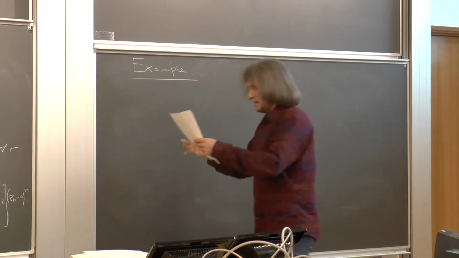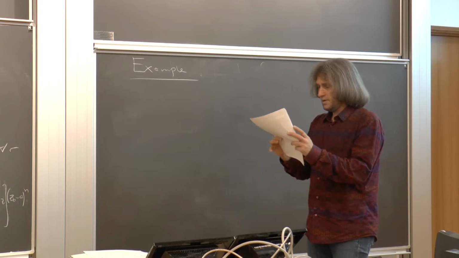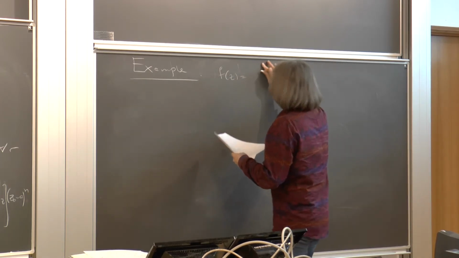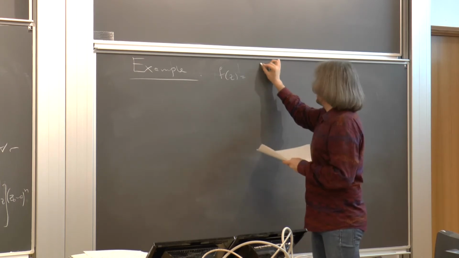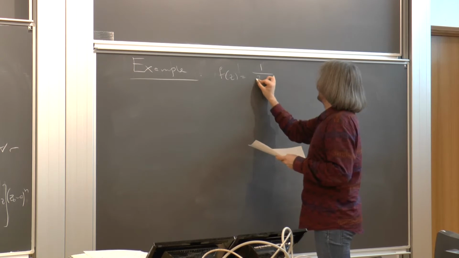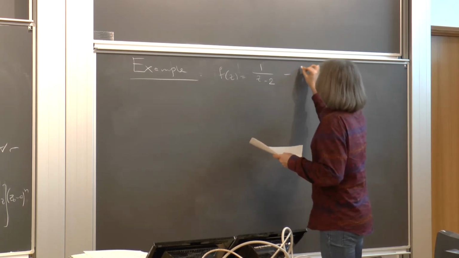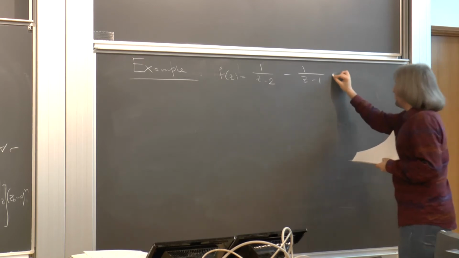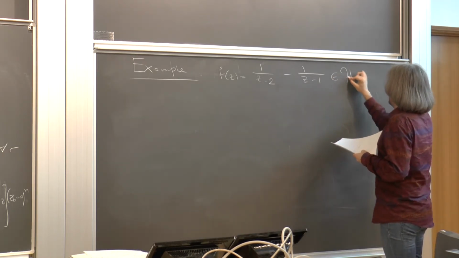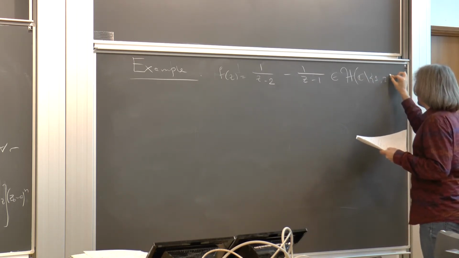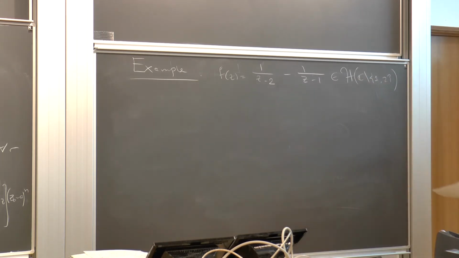So let's take a function which is very, very simple. So f of z, which is just a rational function. So it's holomorphic outside points 1 and 2, of course.